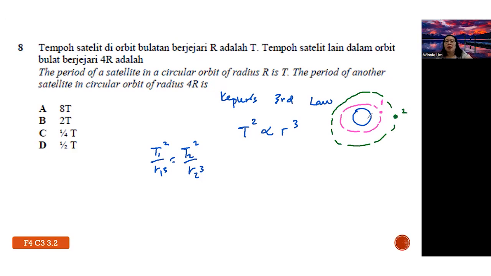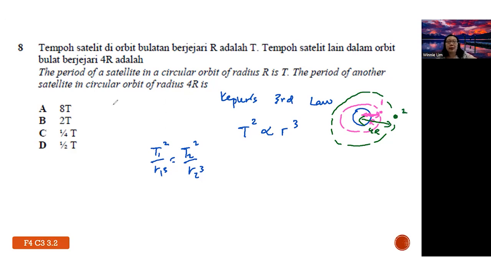So which means for object 1, the radius is R, right? Then for object 2, the radius is now 4R. Okay, so if you are getting further from the Earth, your period is also getting longer. So how do you solve this question? You need to make use of this formula.